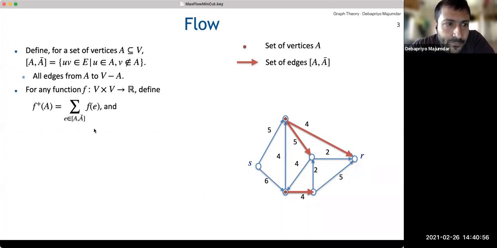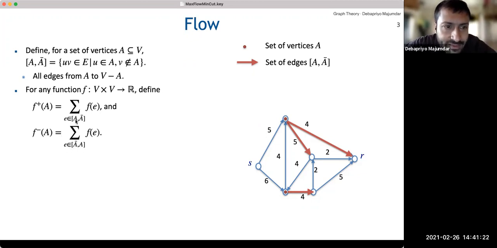Let's define f plus of A to be the sum of f(e), where e belongs to A bar. So here, for example, this is our A, and similarly f minus of A will be the sum over e belongs to A bar A.